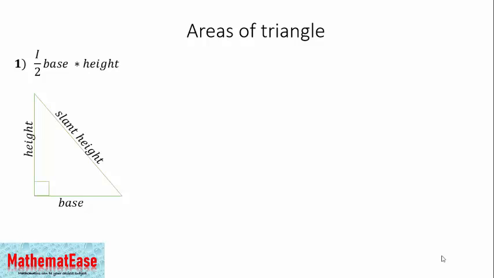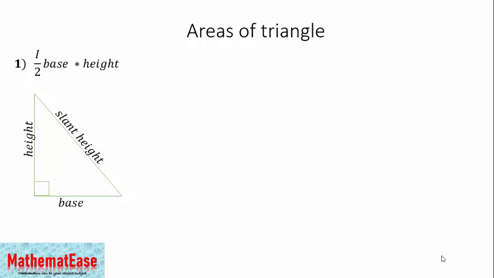Anytime you want to calculate the area of a triangle, it is half base times height, not half base times slant height, not half height times slant height. It is half base multiplied by the height, not the slant height. If you are given the slant height and the base, for example, the slant height is 5 and the base is 3, you cannot say half 3 times 5.